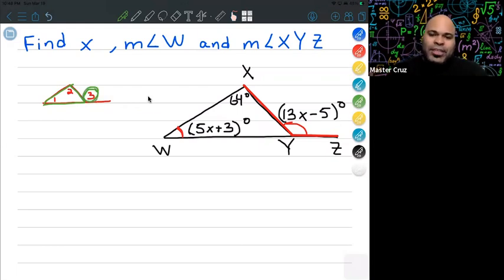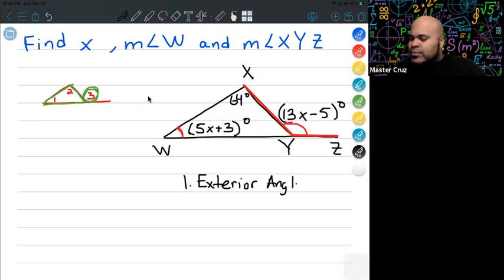That's called the exterior angle theorem. I'm going to write that down. Okay, so we're going to add them.